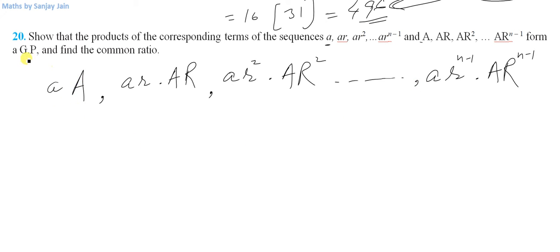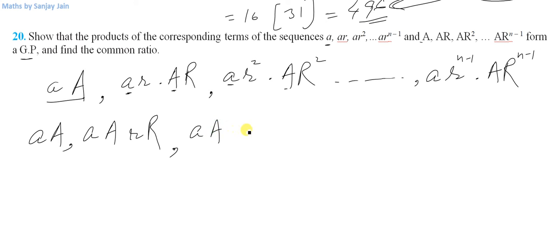How do we check whether a sequence is a GP or not? We see whether there is any common ratio or not. If you notice these terms, let me separate these. AA multiplied with R into R. Now this AA multiplied with R into R squared.